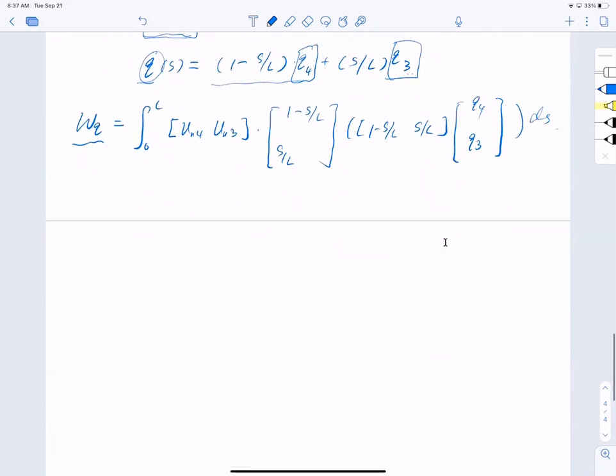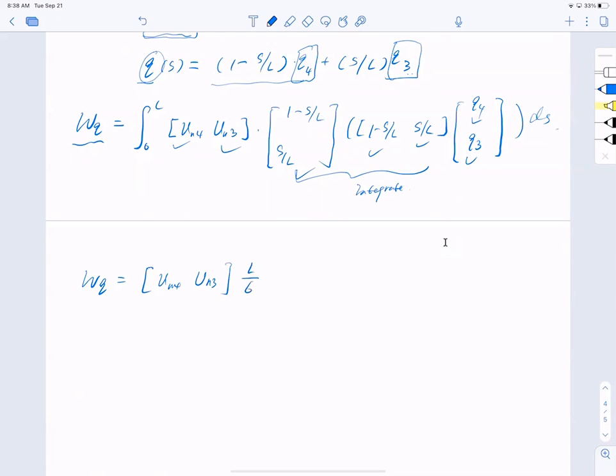Now, after integration, this whole thing is constant, so put the constant out and do the integration inside the bracket, right? And then I get omega, so big WQ equal to UN4, UN3 in front of it.